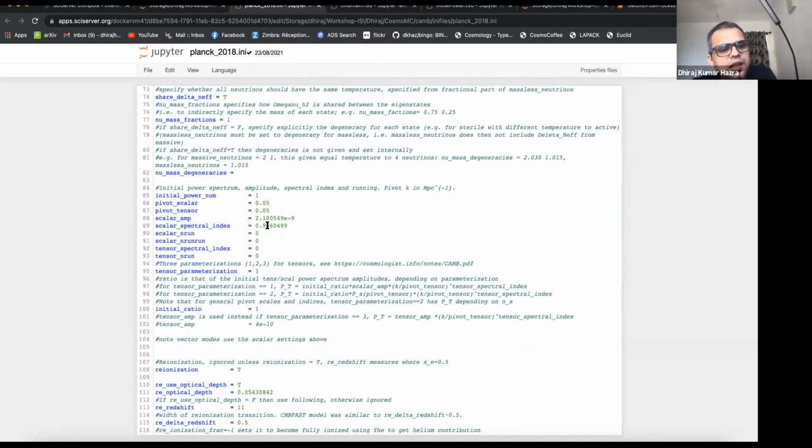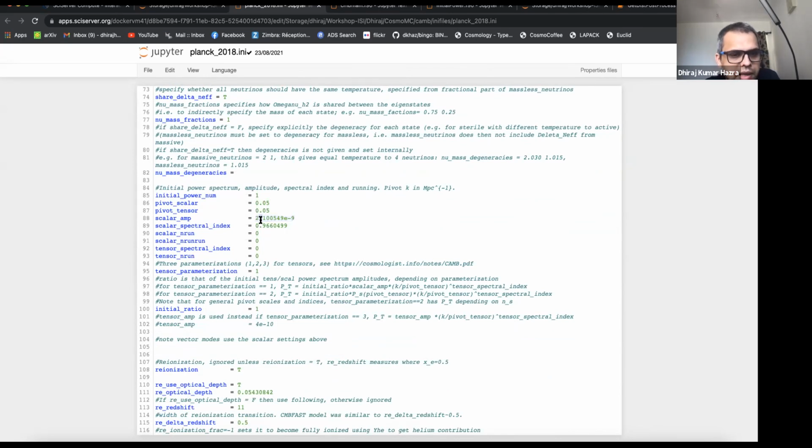Here, you see, the scalar amplitude is given. That is the AS, 2.1 into 10 power minus 9. You remember when I plotted in that inflation notebook, in the bingo notebook, I had plotted in the GNU plot.